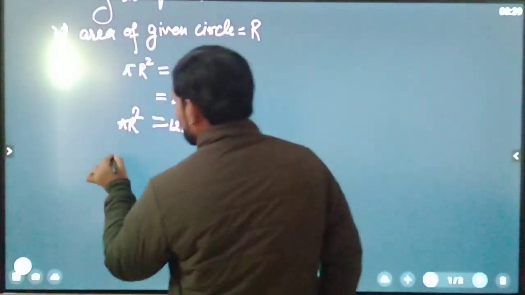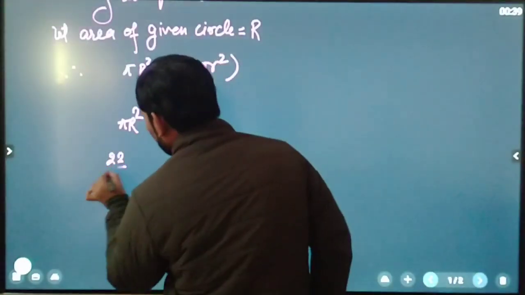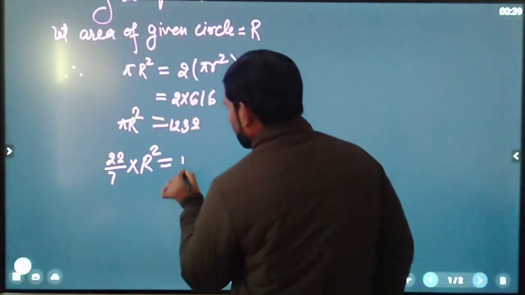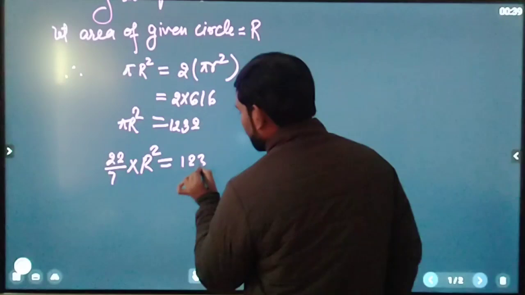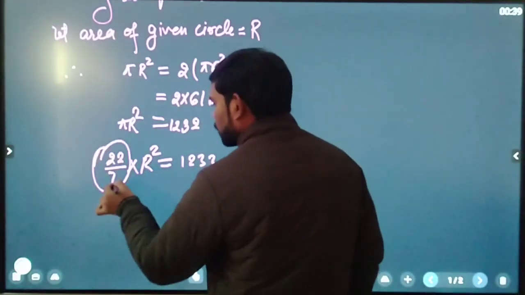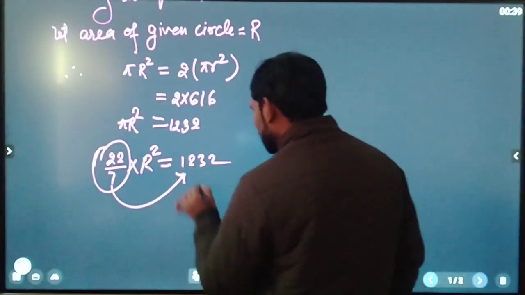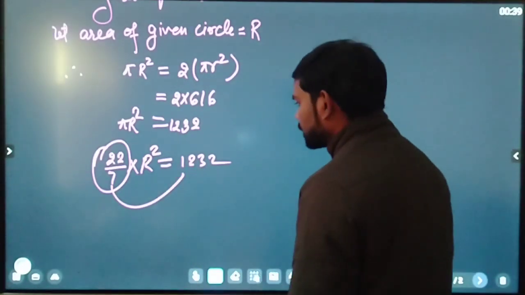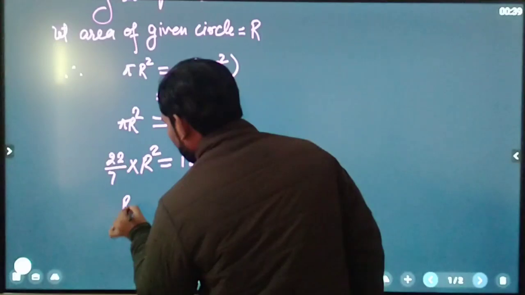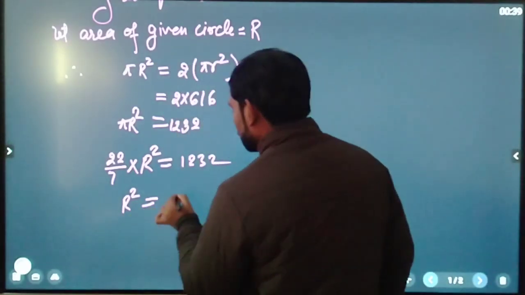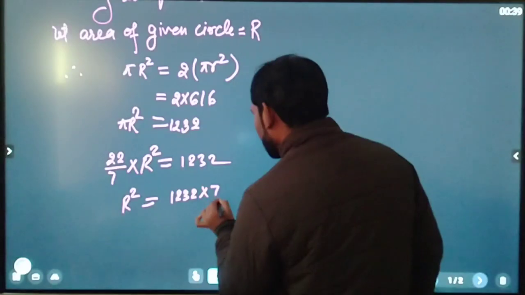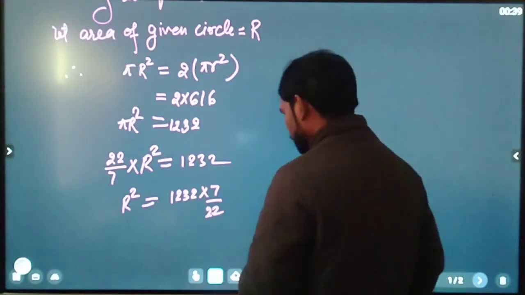So here we write 22 upon 7 into R square is equal to 1232. Now transpose this quantity to the right hand side. We have R square is equal to 1232 into 7 upon 22.